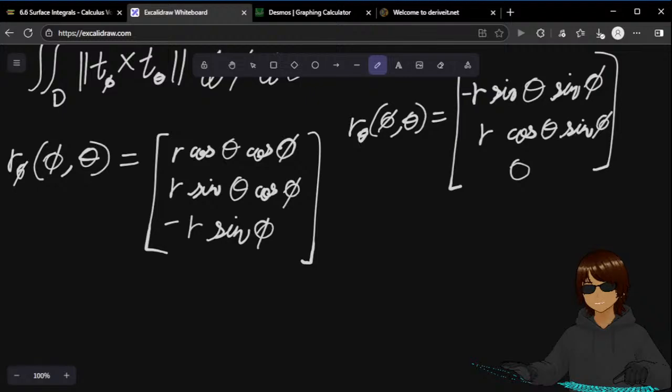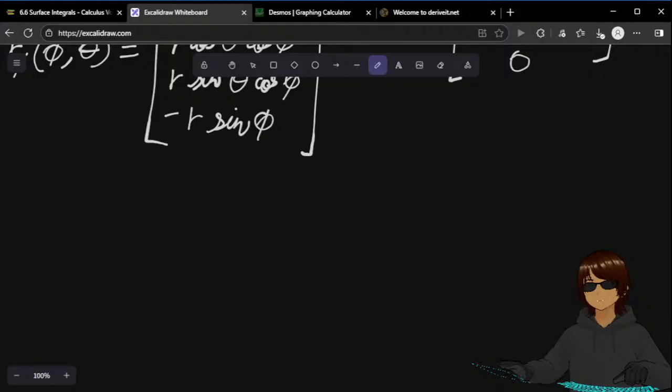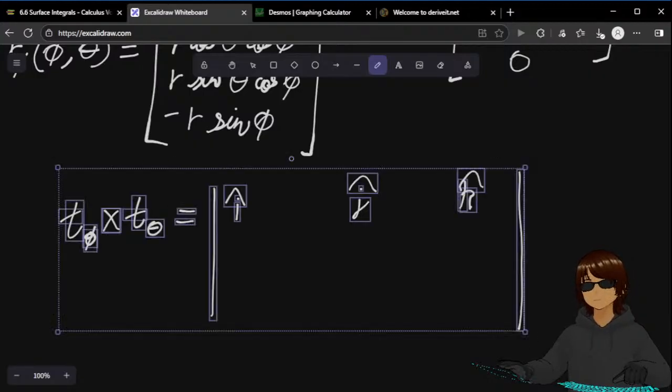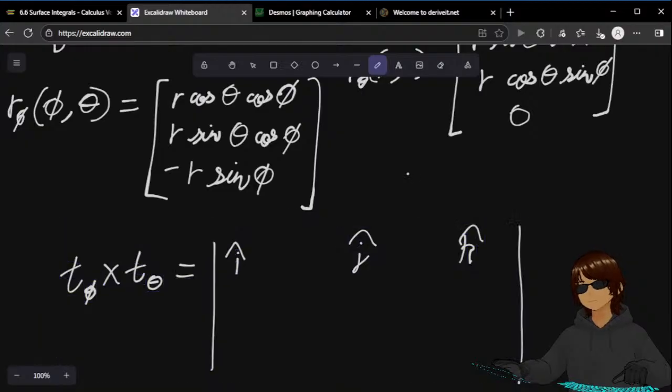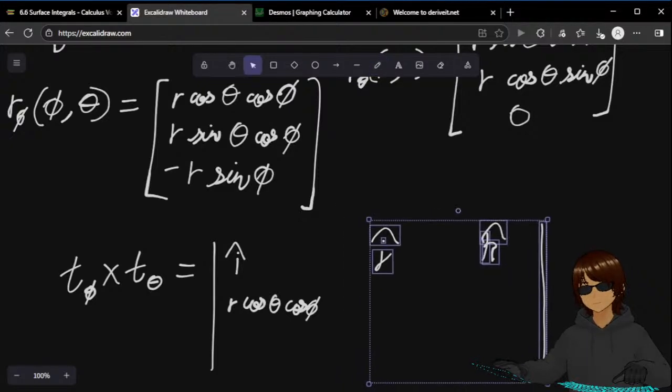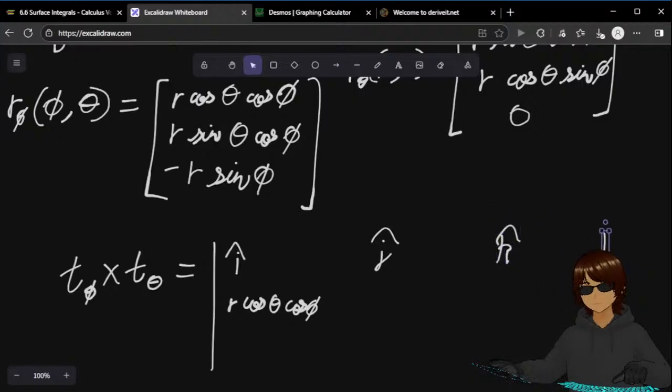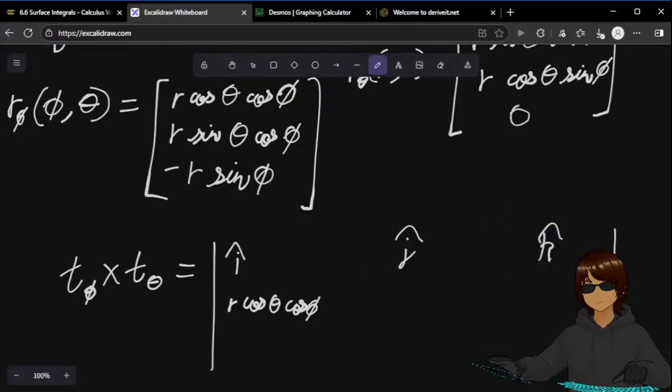So for I, we have these three: I, J, K. Actually, no, I'll just, so R cos theta cos phi, minus sine.